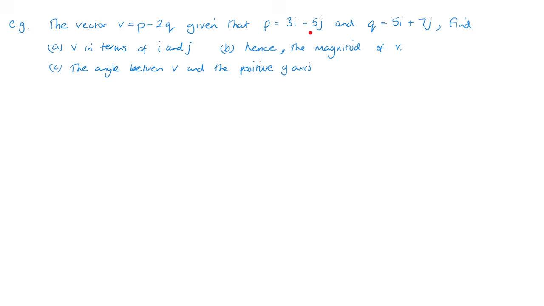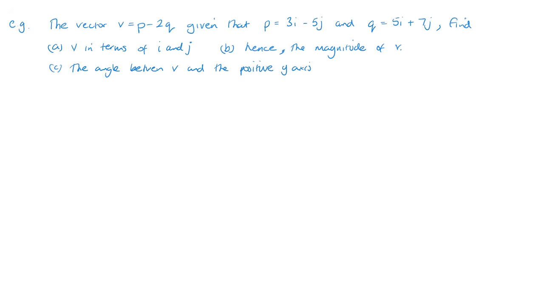Given that p is 3i minus 5j and q is 5i plus 7j, find v in terms of i and j. Hence find the magnitude of v. And then finally the angle between v and the positive y-axis.